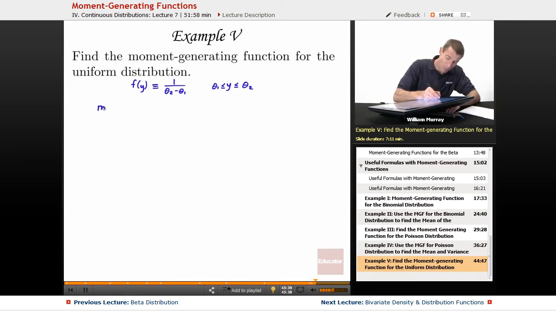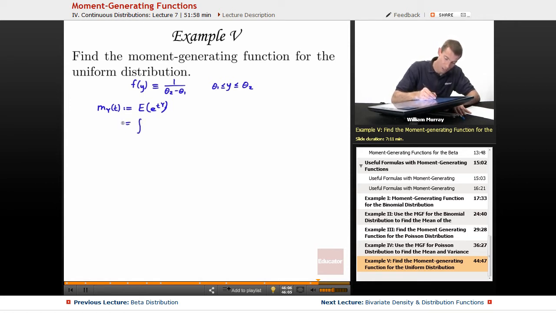By definition, the moment generating function is defined to be the expected value of e to the t times capital Y. Now, the way you calculate the expected value of a function is, well, with the discrete distributions we were studying before, it was a sum. For a continuous distribution, it's an integral.